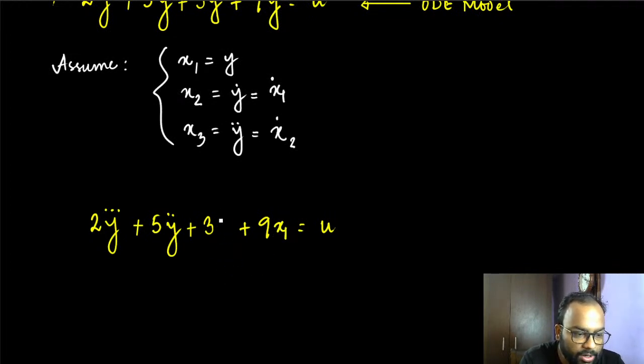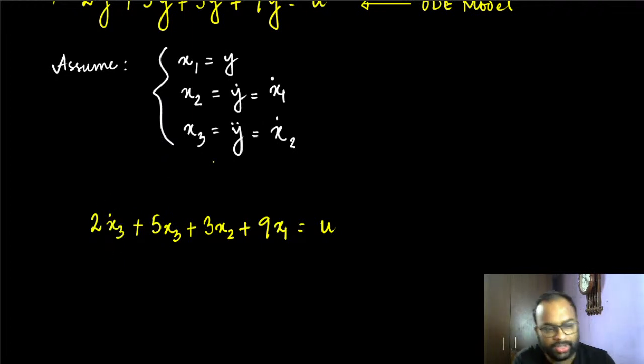Instead of y dot, what do I need to write? x2. Instead of y double dot, what do I need to write? x3, right? And instead of y triple dot, this is like x3 dot because x3 itself is y double dot. Okay, so second derivative of y. So x3 dot would be the third derivative of y.